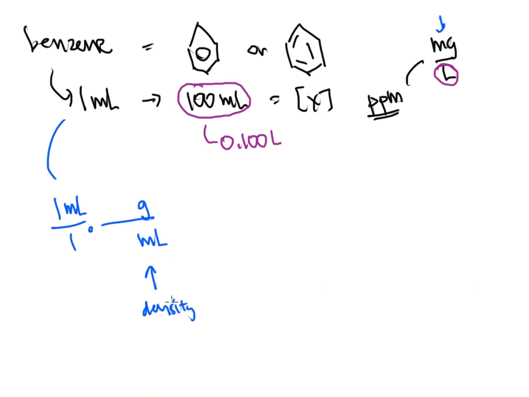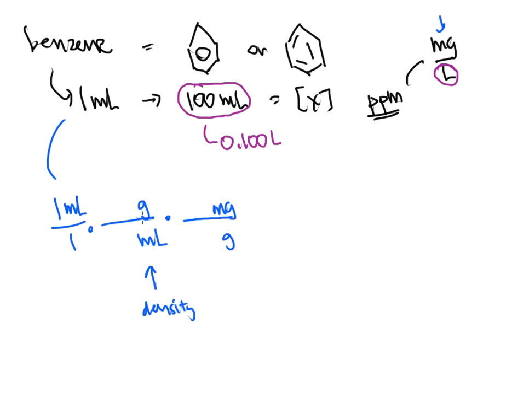If I know the density of benzene, I will be able to calculate the number of grams of that compound. I'm just going to go ahead and chain it: gram on top, gram on bottom, and we need to go to milligrams. I know how many milligrams are in a gram, right? This is all dimensional analysis and conversion right here.